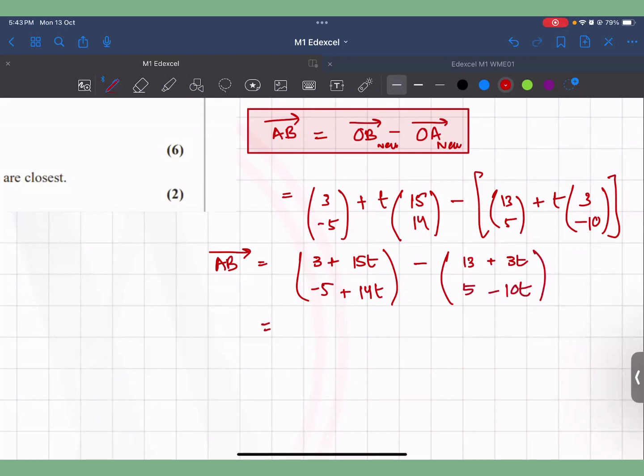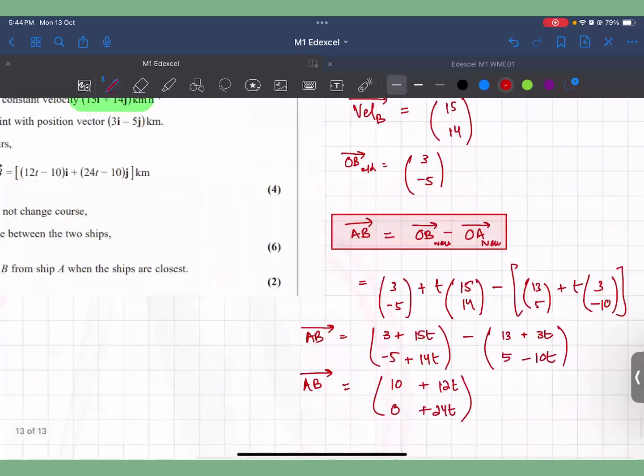And when you simplify, 3 minus 13 will be 10 and 15 minus 3t will be 12t. And minus 5 will be 0. Minus 5, 14t minus 10t, so plus 24t. This is your AB vector, generalized.